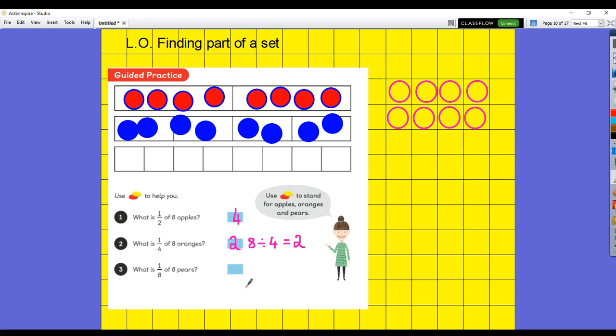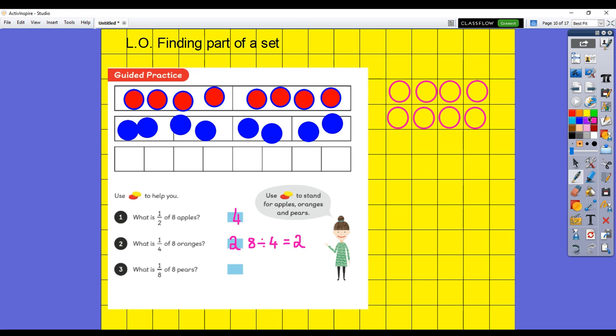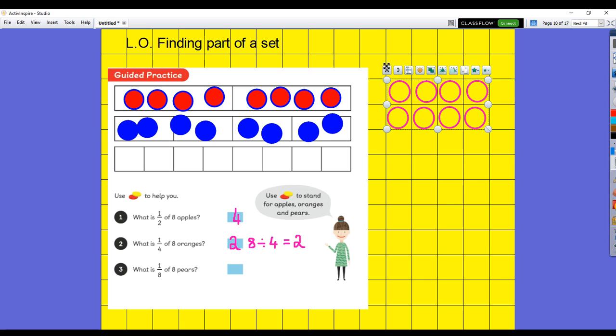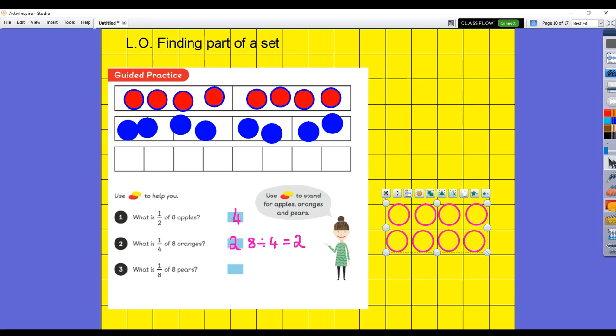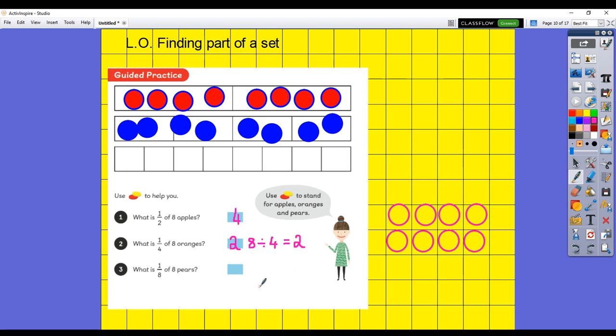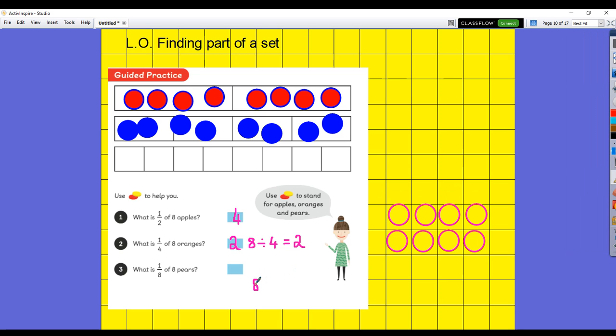Okay? What is 1/8 of 8 pears then? Okay, you might be thinking, oh, this is a bit of a different one. But let's work out what the calculation is going to be first of all. It will be 8 divided by 8. How many 8s are divided by 8?